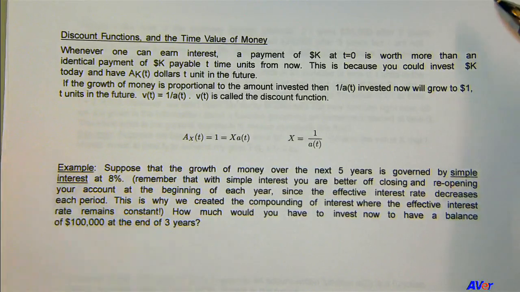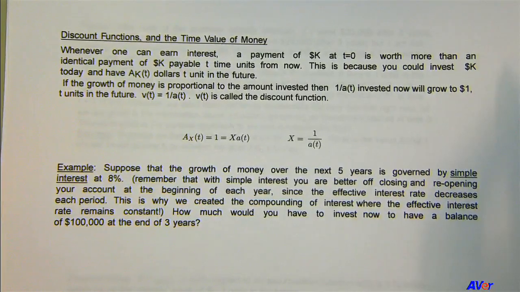That's obvious, right? If your mom said to you, honey, you can have $1,000 today, or I can give you $1,000 when you graduate. What's better? For you, not for the mom. What's better? Now is better.